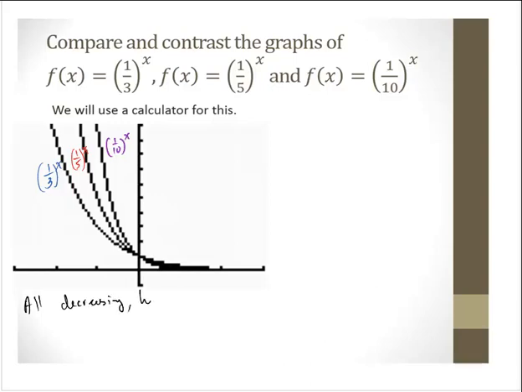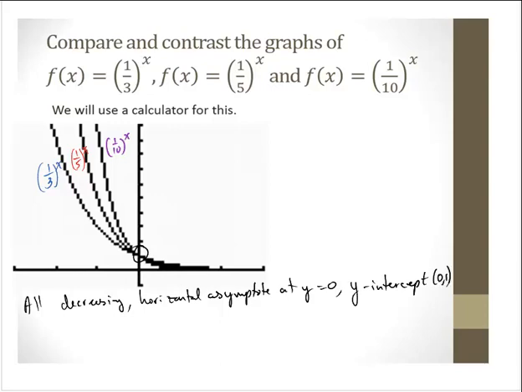They have the horizontal asymptote at y equals 0, they have the same y-intercept at 0, 1.